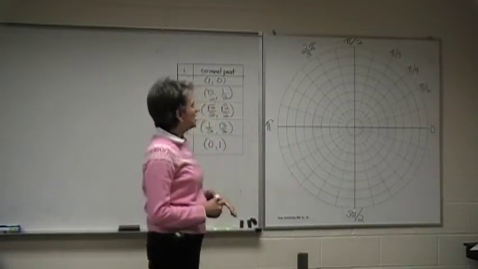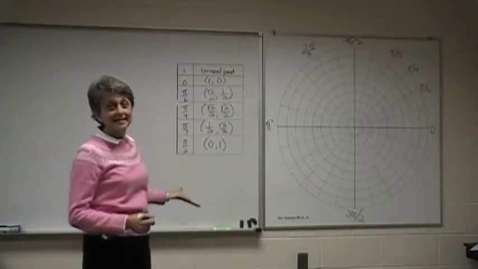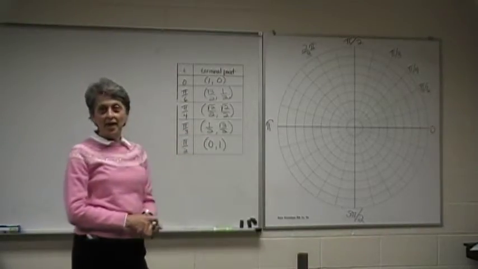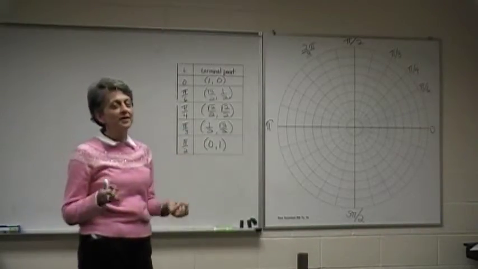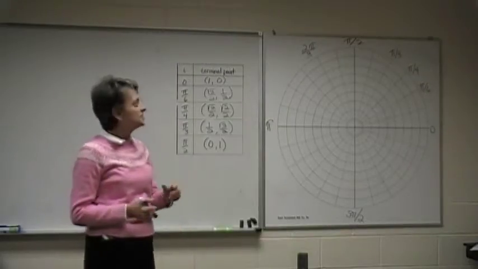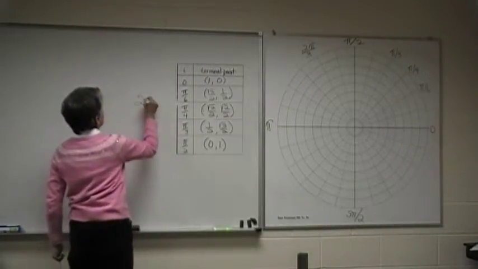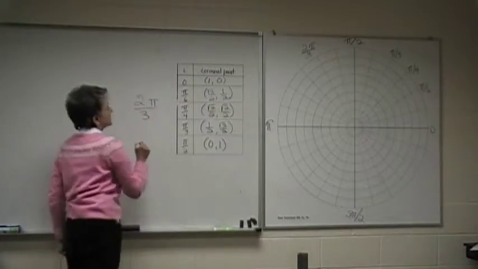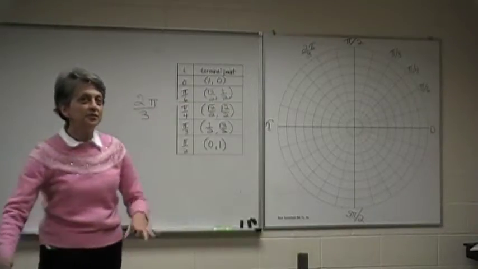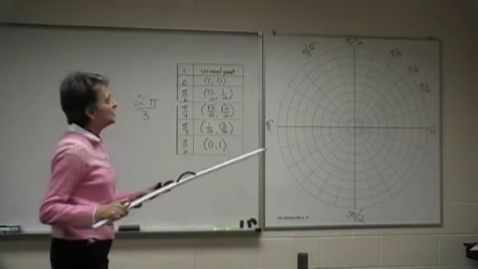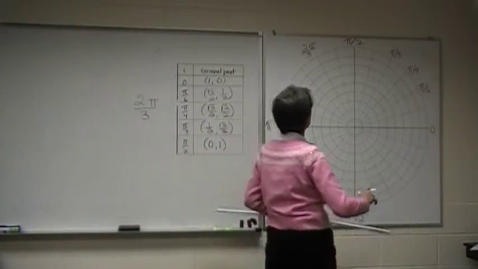Now, the problem comes when I have you memorize these, and then I give you other values. But you can quickly figure those out. First of all, let's look at 2/3 pi. If we do 2/3 pi, there's kind of a unique situation up here.